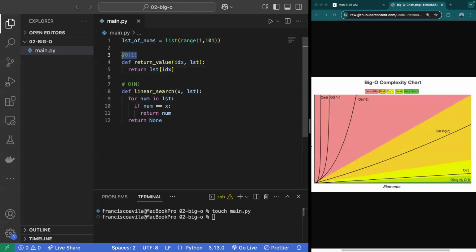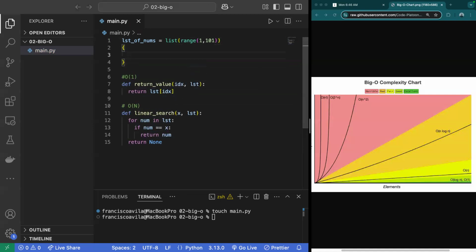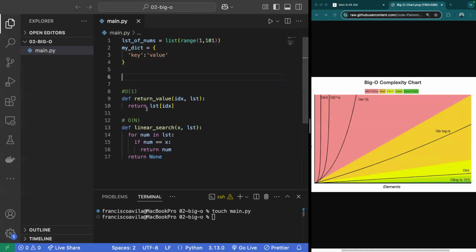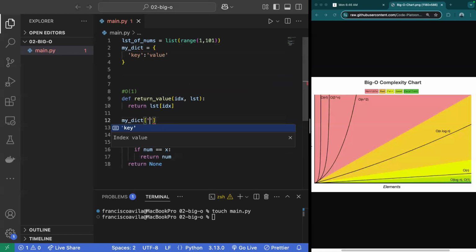What other data structure do we know of that has direct access and will always operate as O of 1? Dictionary. Yeah, a dictionary, right? A dictionary is a key value pair, and no matter what we do, a dictionary will always be O of 1 when we're accessing it.